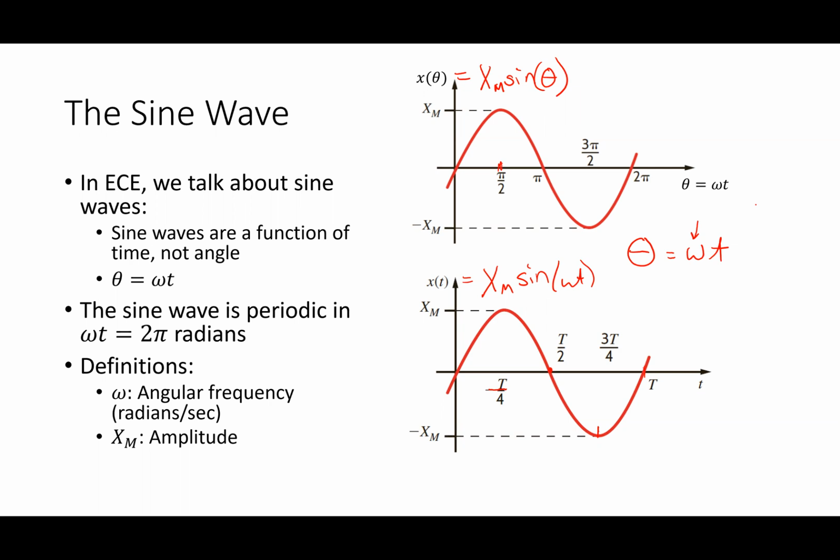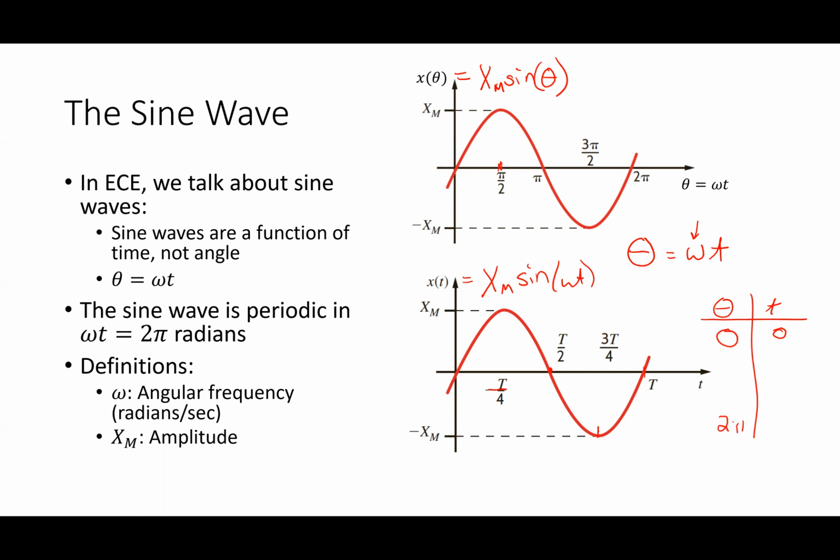Well, 2 pi times the frequency is how it is, but if I look at this, at time t equal to 0, just to make sure we understand, what's the angle? 0.